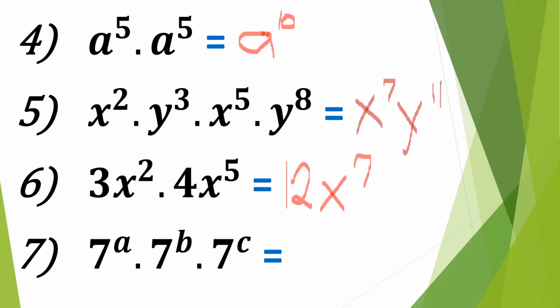So, we have 7, and then anong gagawin sa kanilang exponent? Di ba, ina-add yun? Okay, so since ang exponent niya is mga variable, just add the variables a plus b plus c. So, ito na yung final na simplified form niya. 7 raised to a plus b plus c.